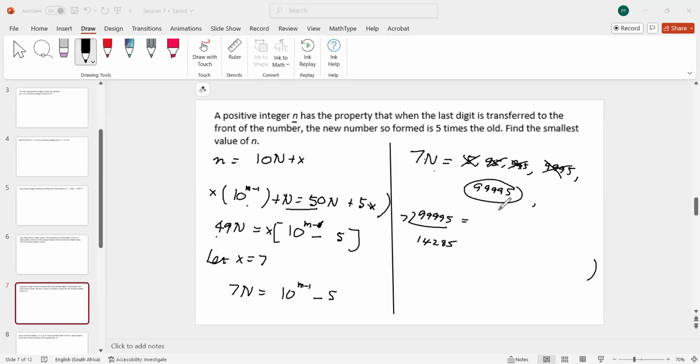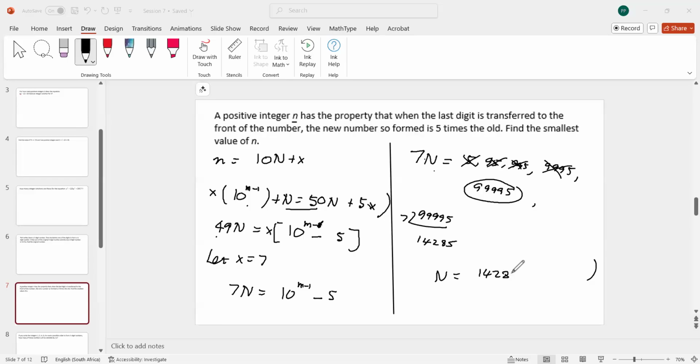So 7n is equal to, there could be some other ones there, but the smallest value is this. So n must be 14285.